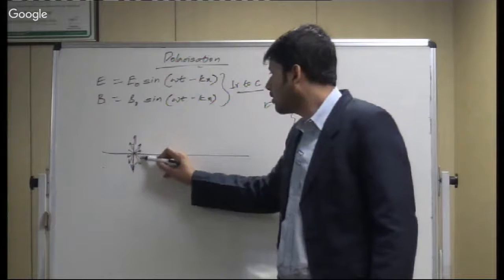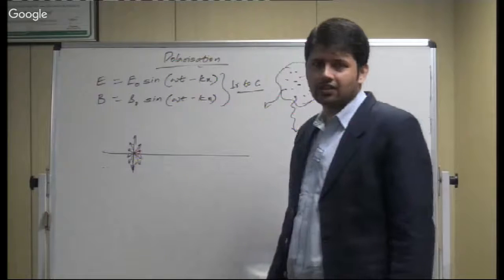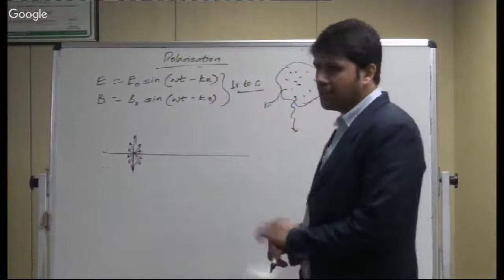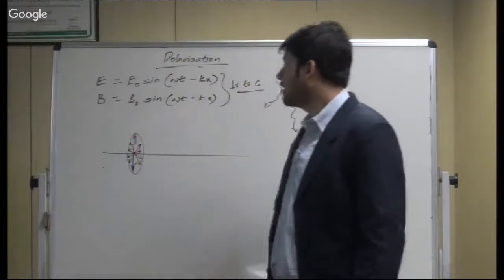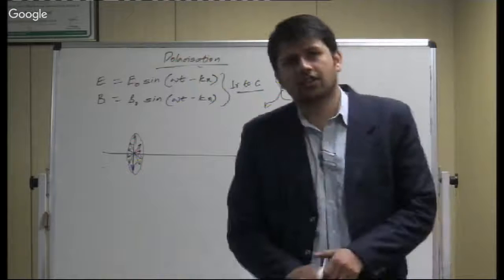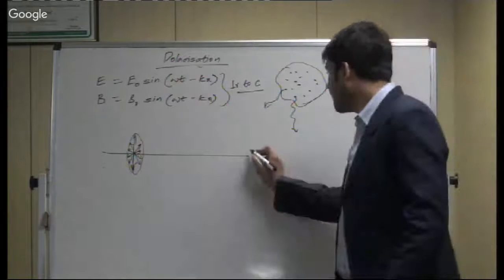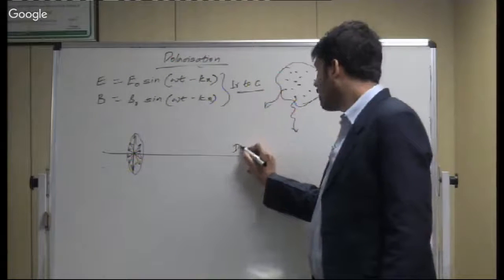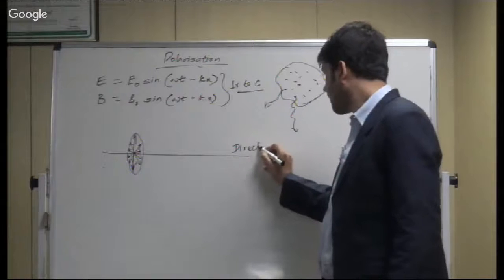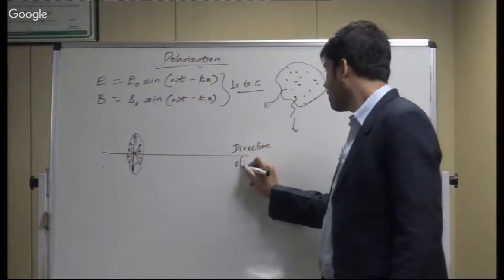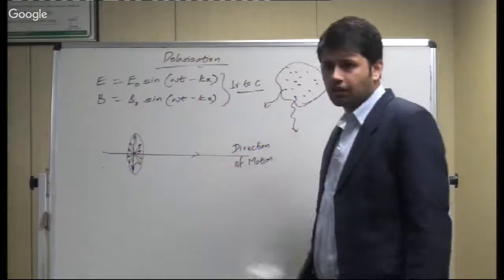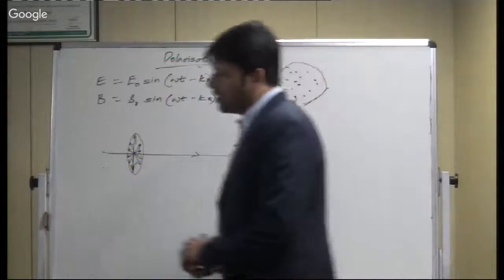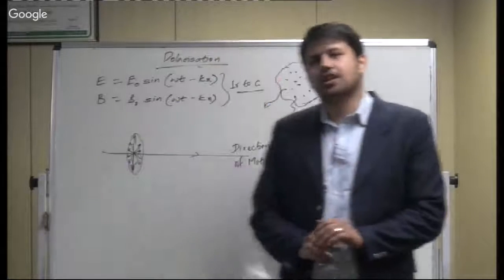and so on. What I am trying to show here is that since it is a bundle, we would have the electric field oscillating in a plane perpendicular to the direction of motion of light. And as you know, all the directions are equally probable.